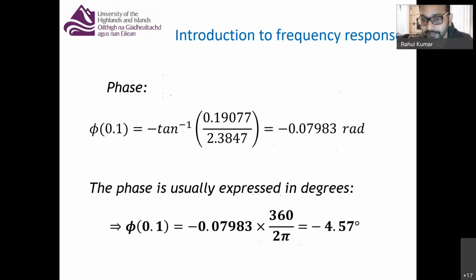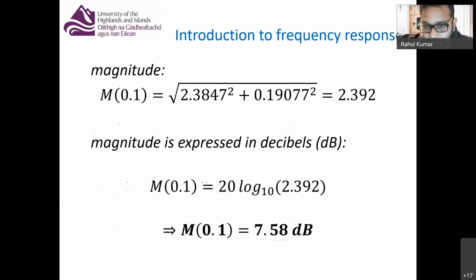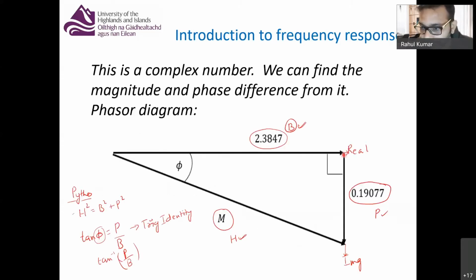Now similarly, we have calculated the phase using the trigonometric identity that we just discussed. We take tan inverse of the imaginary part divided by the real part. Now, this negative sign, if we go back to the phasor diagram, let's have a look. In the phasor diagram, the imaginary axis is along the negative y direction, right? It's downward.